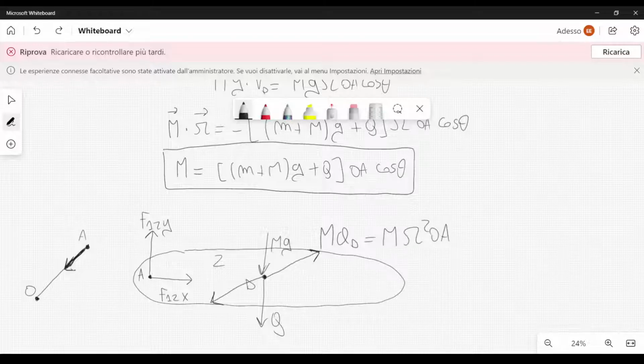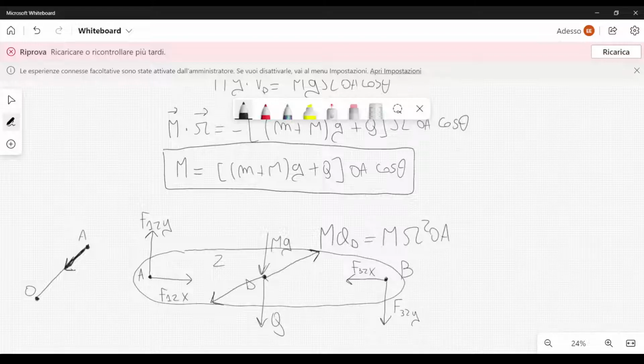And then similarly, we have another reaction force here at this other point that I called B, right? And I will split the reaction into two different components. So we have F32x going this way, and then we have F32y going this way. Okay?